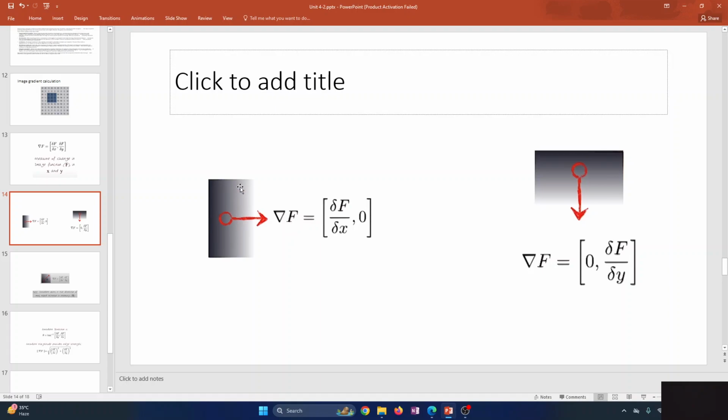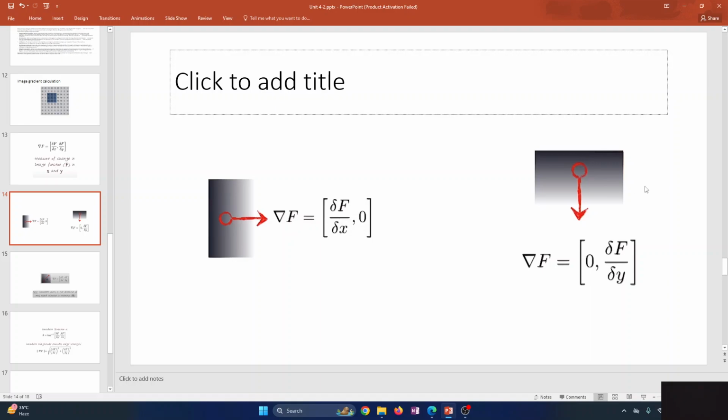If you consider the y direction, for example this horizontal line, there is no change. Sorry, there is no change along vertical lines, but there is a change along the horizontal line. So along the x-axis there is a change, and what we are going to do is ignore the y coordinate over here.